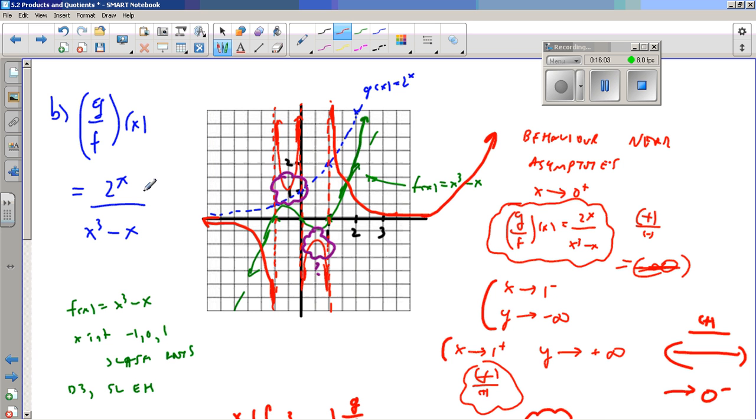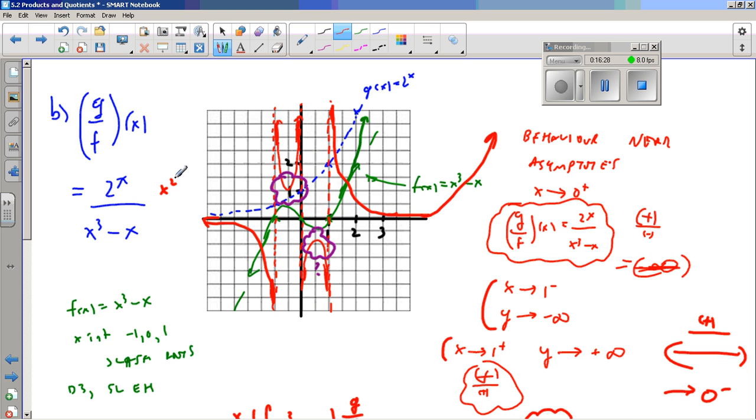And I knew this was going to happen because when we talked about rational functions back in Unit 2, we said that if the top is dominated by the bottom in degree, so this is x squared or something like that, then I'll have a horizontal asymptote of y equals 0.